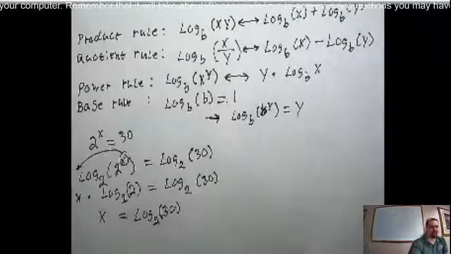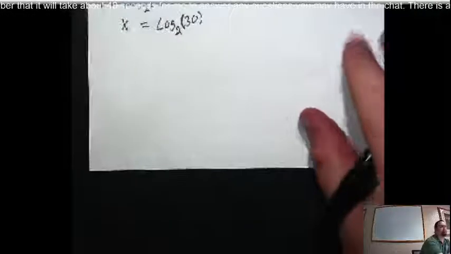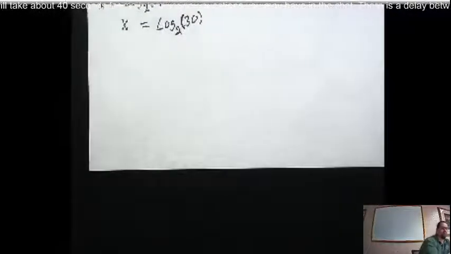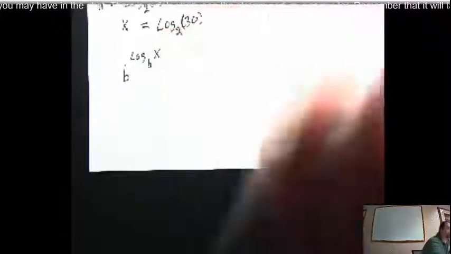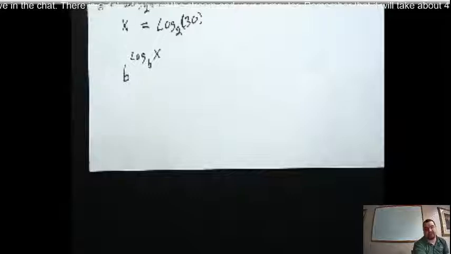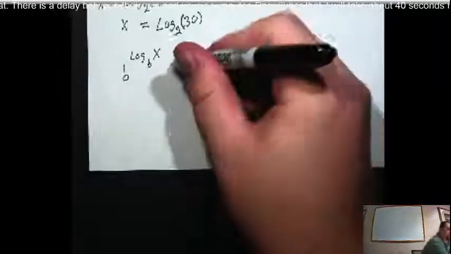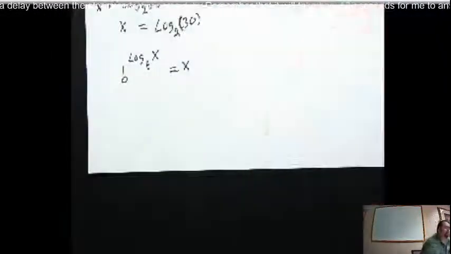Some other interesting things to know. If we have b to the log base b of x, that will also cancel and just give us x.